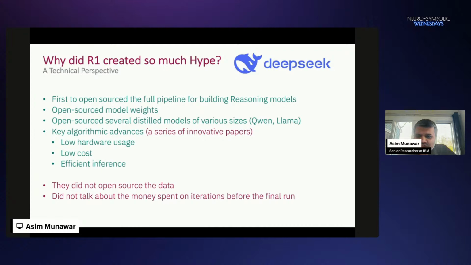A few things they did not do: they did not open source the data. That was kind of sad, but it's understandable. And secondly, they did not talk about the money spent on iteration before the final run. So they did talk about the cost of the final run, but they did not talk about how many iterations they did and some of the learning they got from those iterations.